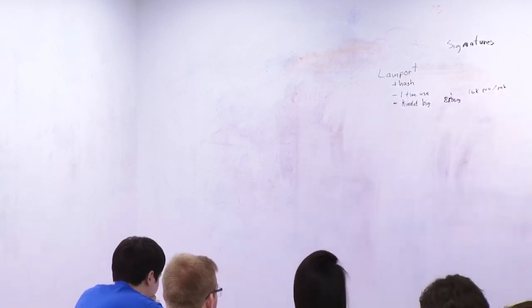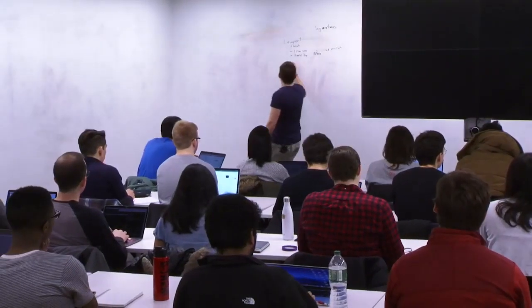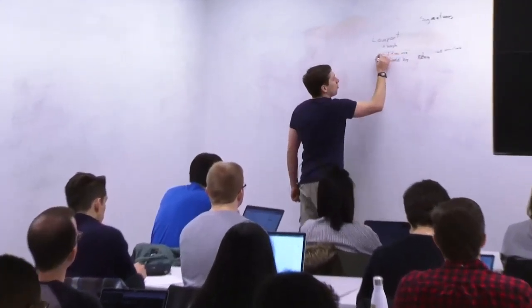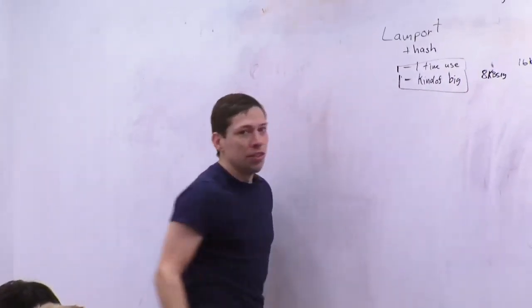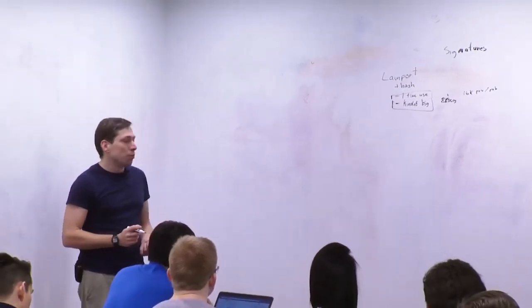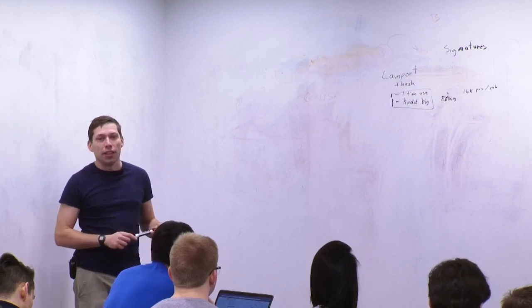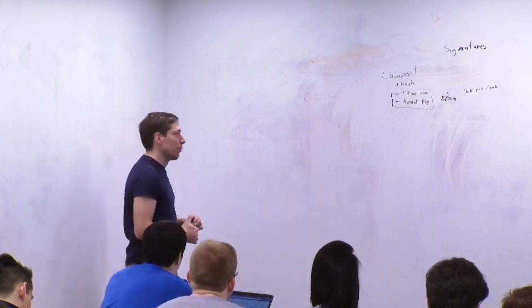So those are some disadvantages. Since I don't have slides, I can make this more fun and interactive. What are some solutions for these problems? We can actually mitigate or solve both of these things to a pretty good extent. How about the first one, one-time use? What would be a fairly obvious way to mitigate the one-time use problem?